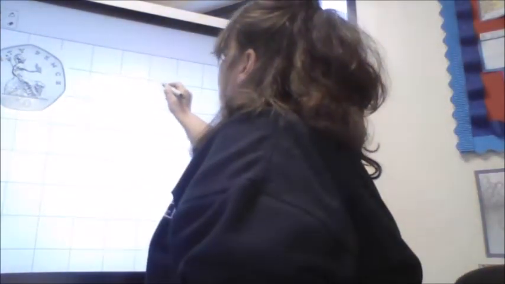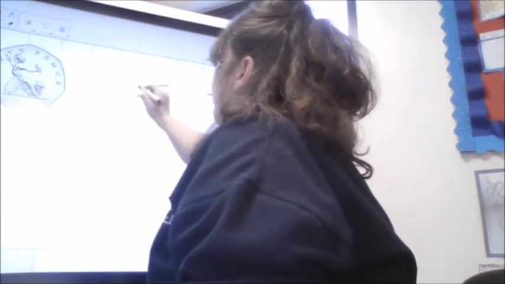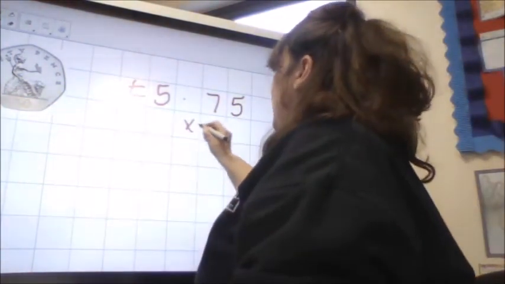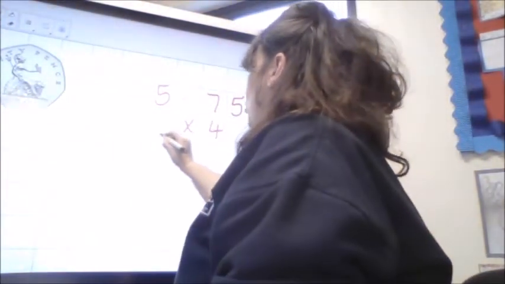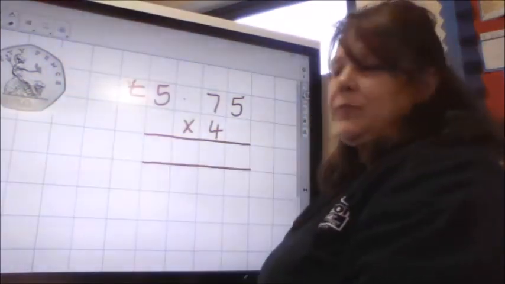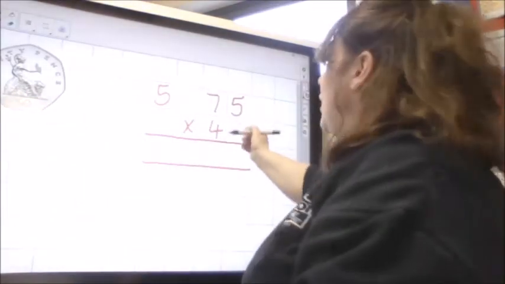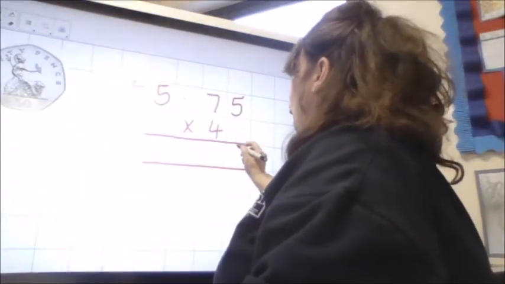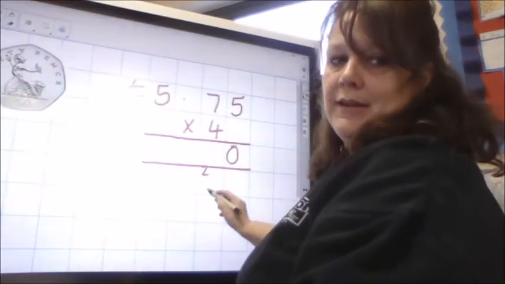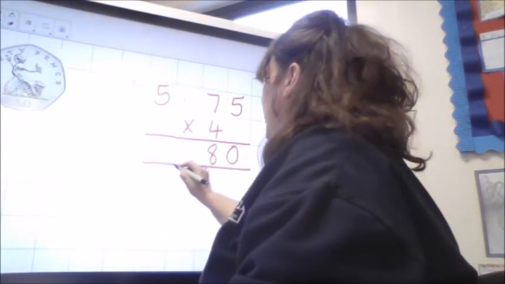Okay. So £5.75p, and I'm going to multiply it by 4. I'm going to use short multiplication. So I'm going to start here. 5 fours are 20. 7 fours are 28. 2 left over there, 2 to add on, so I'll put 2 there.